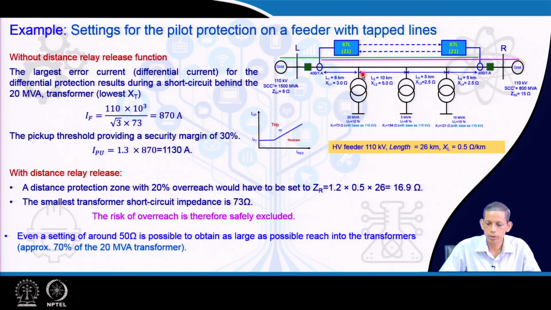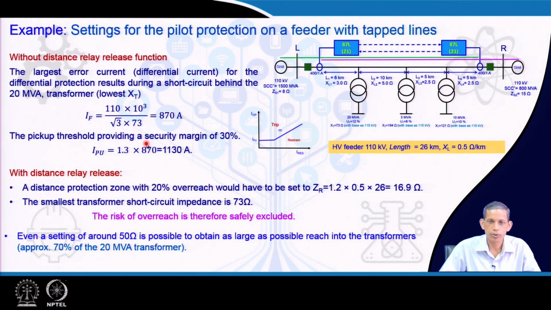We refer everything to the high voltage level, 110 kV on the feeder side, 110 by root 3 per phase, with 73 ohm referred to the 110 kV side. That gives us 870 ampere for the 3-phase fault just beyond the transformer, referred to the feeder side or the 110 kV side.